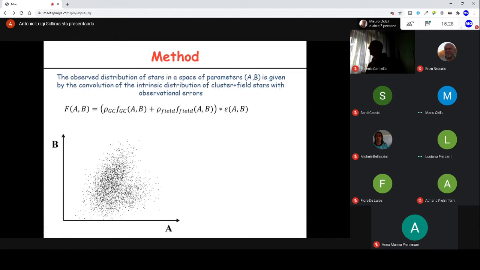And I adopted a technique which is called 5D mixture modeling, which is complex in the details, but quite simple in the principle.